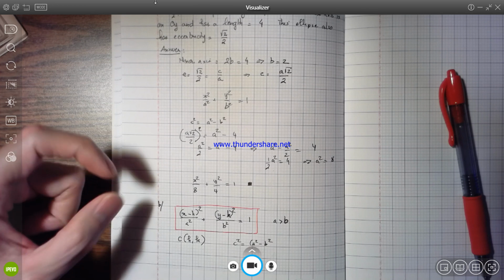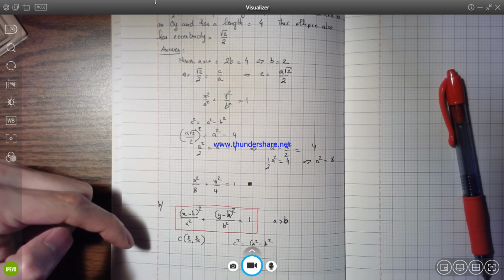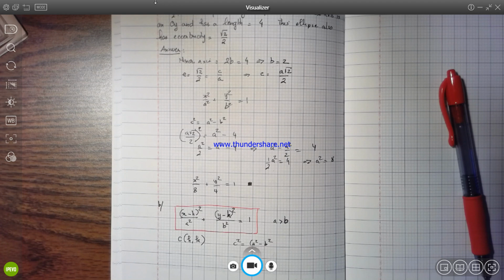So every time you're dealing with this, I want you to sketch the picture, and from the picture you can get the coordinate of all the vertices and the coordinate of the foci. Because right now the center is being moved, so everything will be moved.